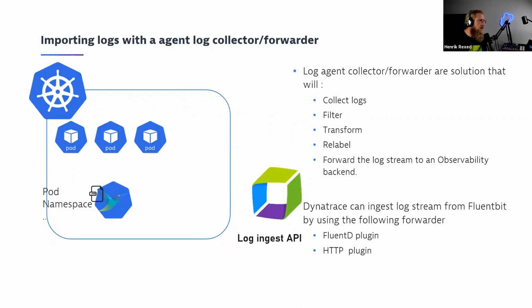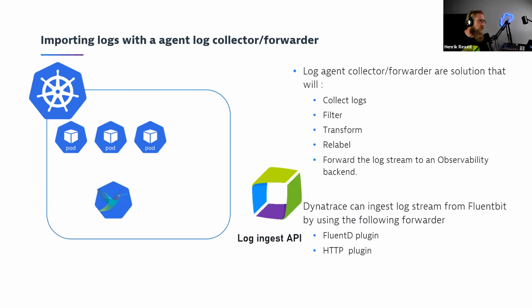It will transform them here into JSON because it's easier to do some queries. And then we can also relabel. Basically on the logs, I want to add some context: which pod, which namespace, which nodes, which cluster, whatever we need to make our diagnosis easier. Once it's been relabeled, then we can forward, and forwarding, in our case, means sending it to Dynatrace.